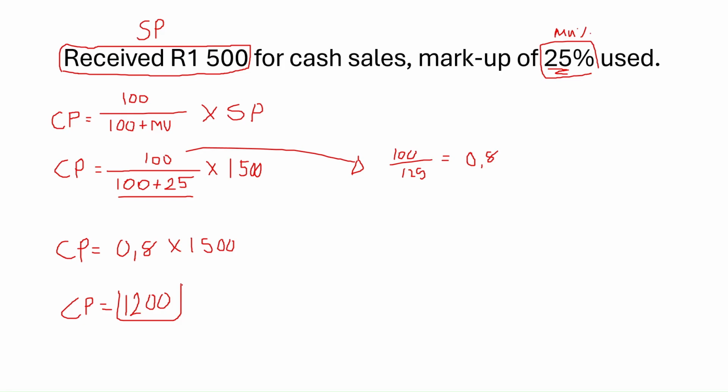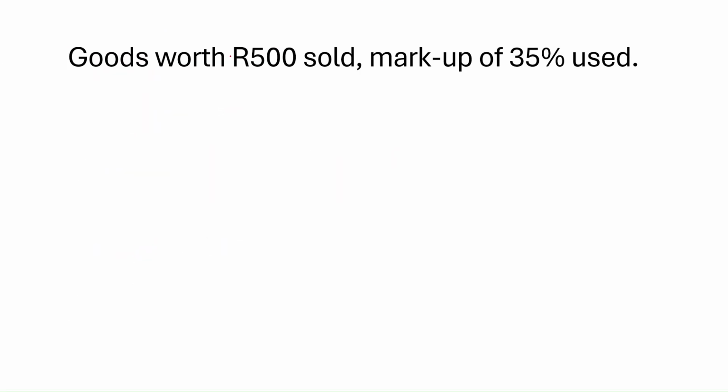So therefore, our cost price for the goods that we sold for 1,500 was 1,200 Rand. The amount that we bought the trading stock for in this example was 1,200 Rand. We added a markup of 25% and we sold it at the price of 1,500. Now we'll move on to our next example.